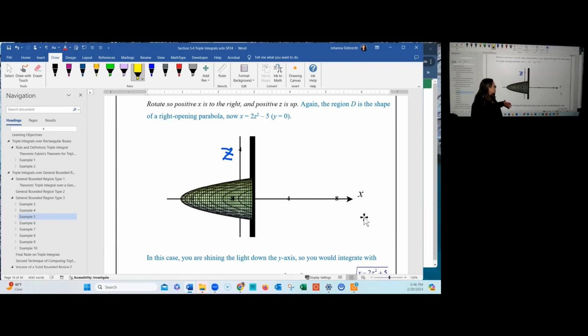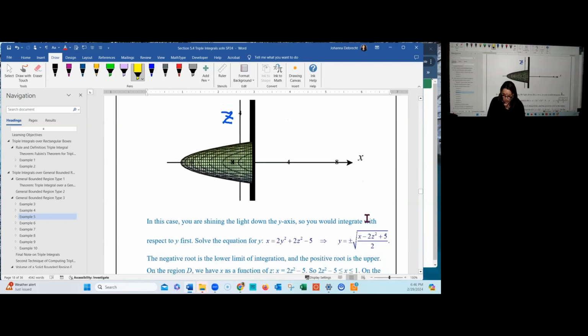Now, since we're shining the light down the y-axis, which is coming out of the board when we're looking at the xz plane, we're going to integrate with respect to y first. So when we're doing that, we need to come up with an equation that represents the change with respect to y.